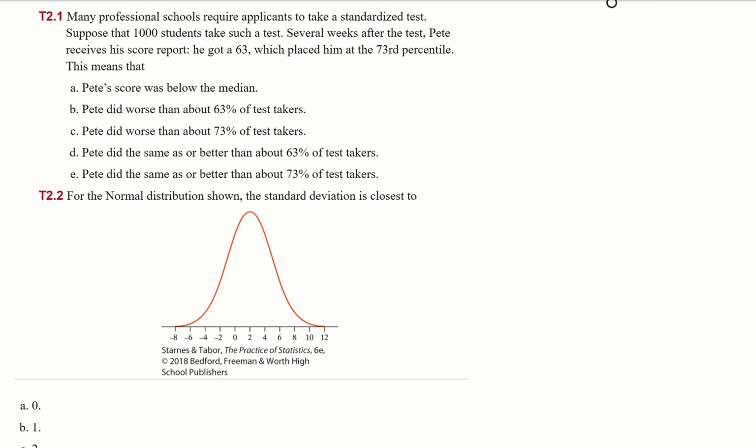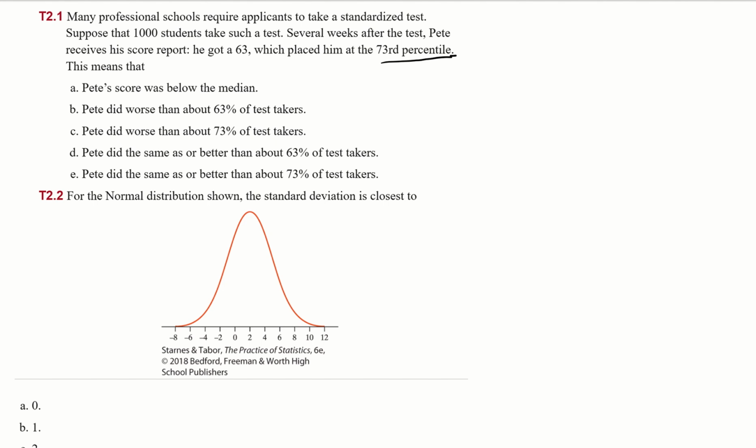So 73rd percentile means that 73% of people scored below him, or scored a 63 or lower. So that's what it's saying. Pete's score was below the median? That's incorrect. Pete's score was above the median, because remember the median is the 50th percentile, and he's at the 73rd percentile.